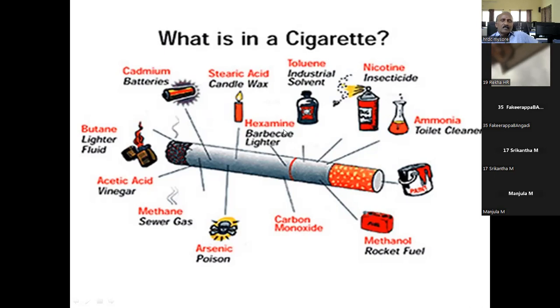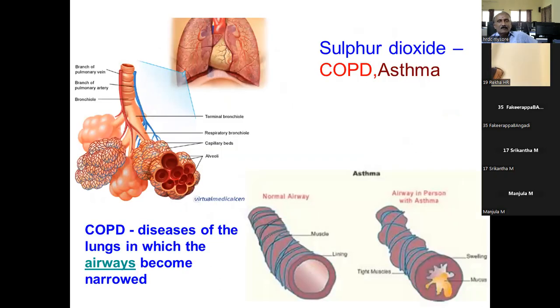It has been estimated that more than about 280 chemicals are supposed to be released during cigarette smoking. So most of these are highly carcinogenic. That means they can cause cancer. So this will be another disaster among the people affected due to disasters. So that may be resulted.